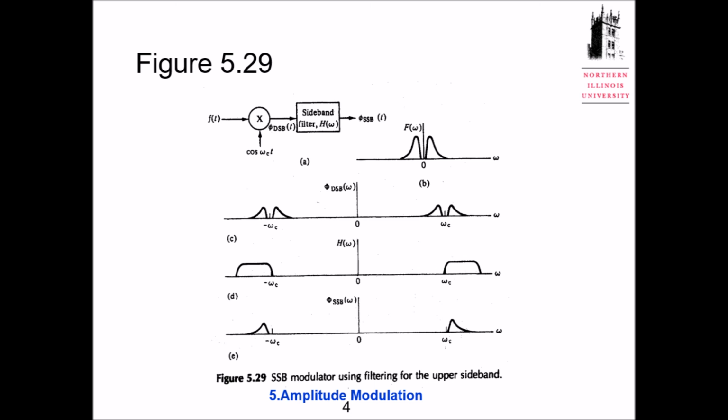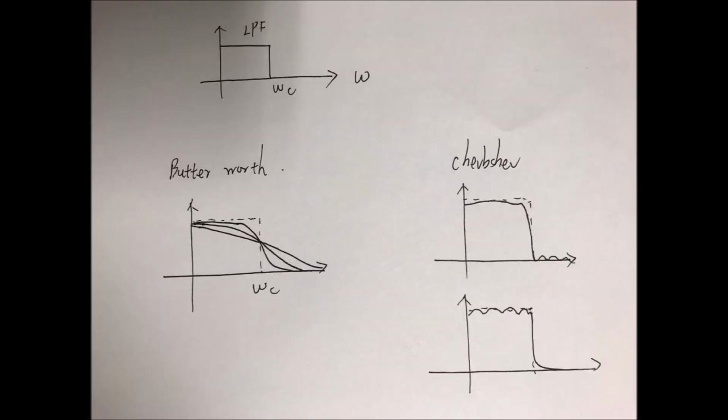Okay, something outside this class. We talk about the ideal low-pass filter, right? However, theoretically there is an ideal low-pass filter, but in real application, there is no such ideal low-pass filter.